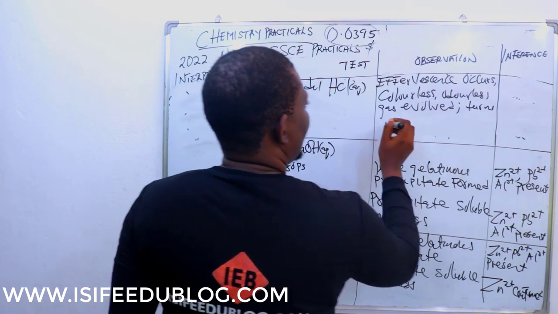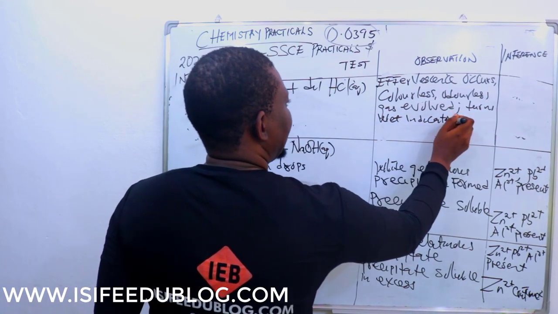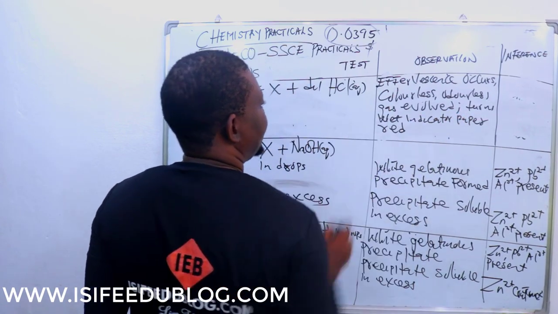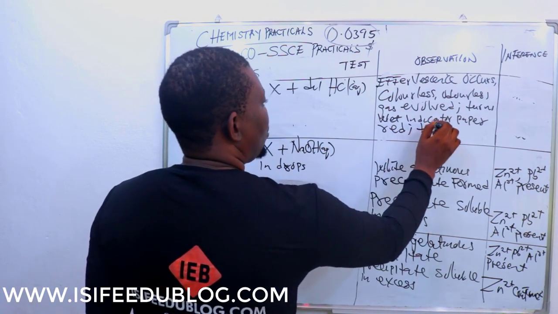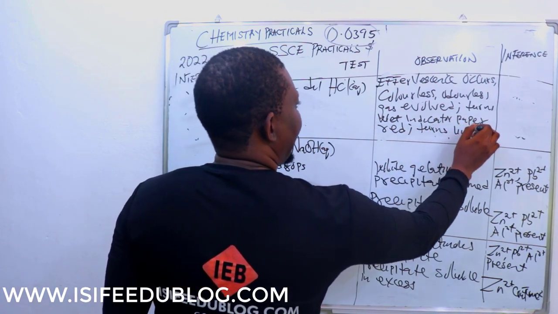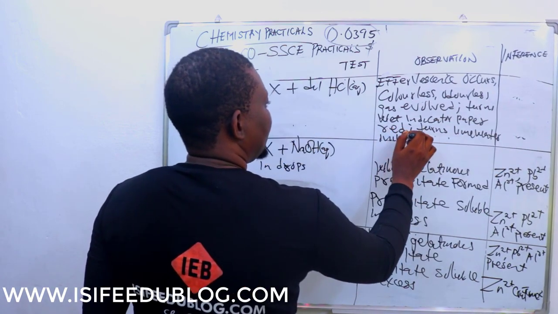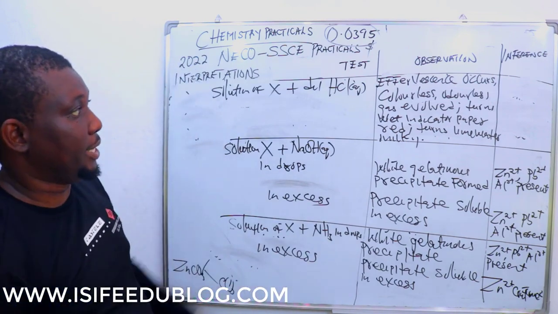Turns wet indicator paper red, another mark. Turns lime water milky, another point. So you have just made 4 points here.